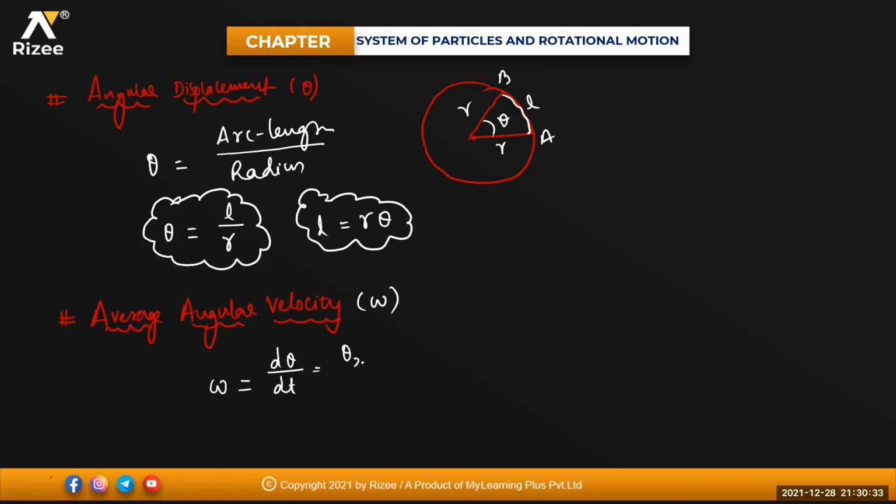That means theta 2 minus theta 1 divided by t2 minus t1, isn't it? So average is represented by delta theta divided by delta t. Theta is measured in radians, time is measured in seconds. So omega is equal to radians per second.